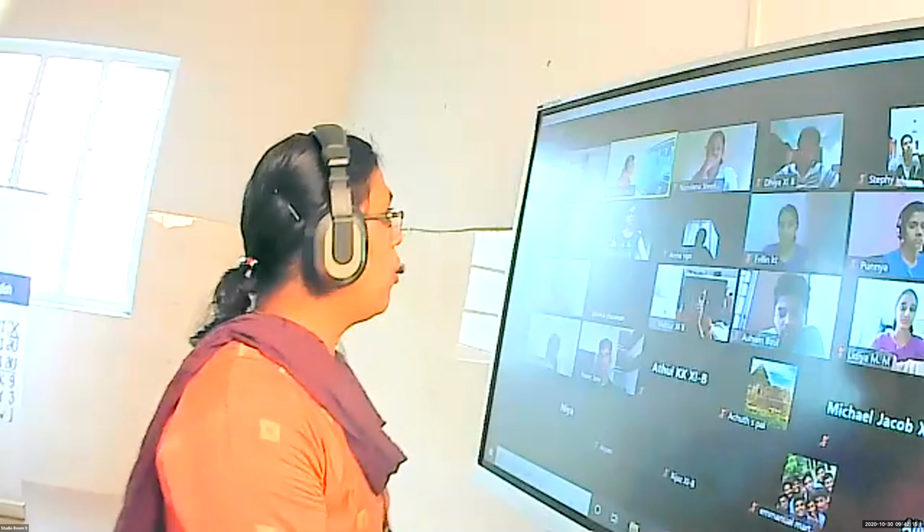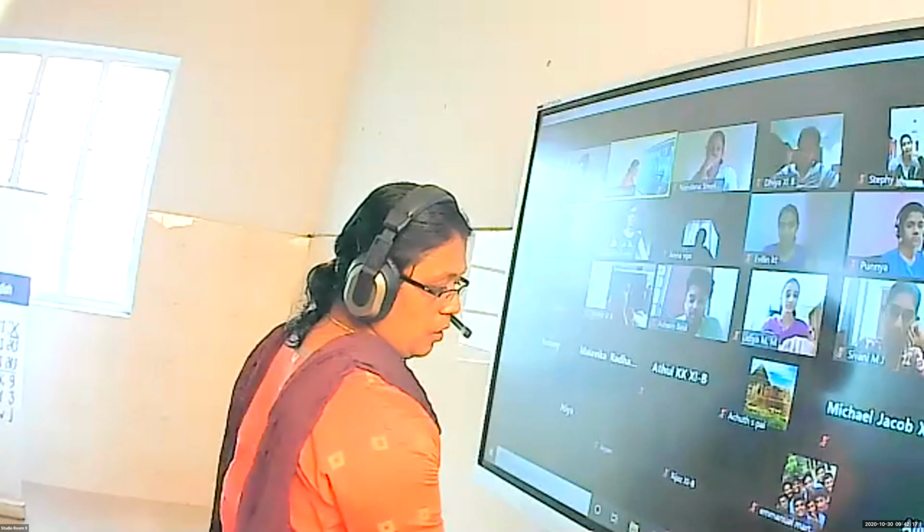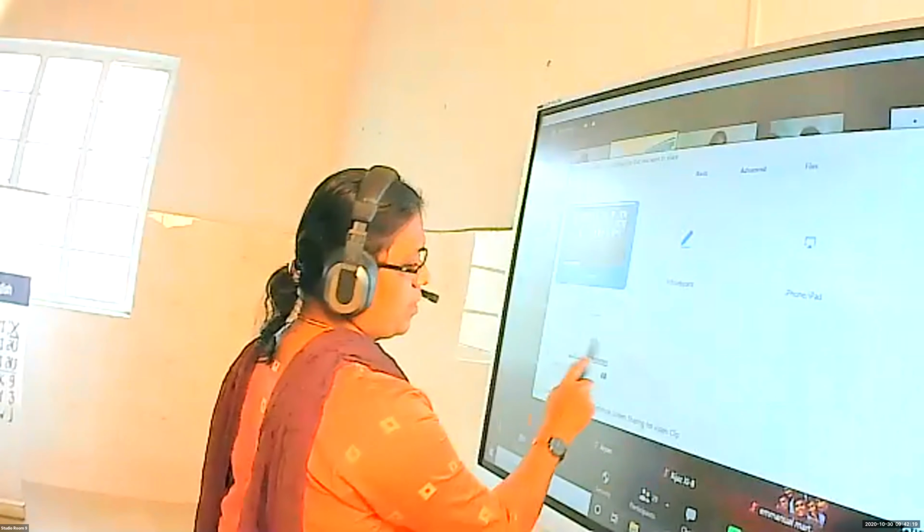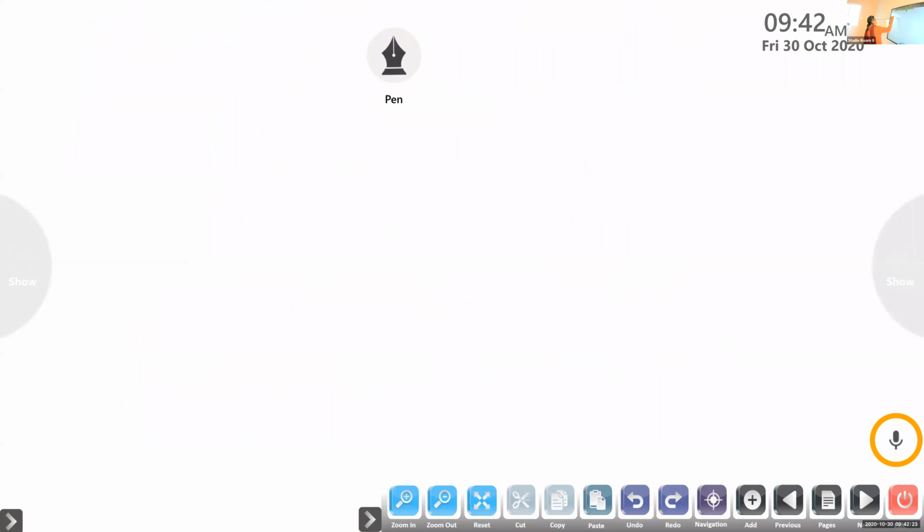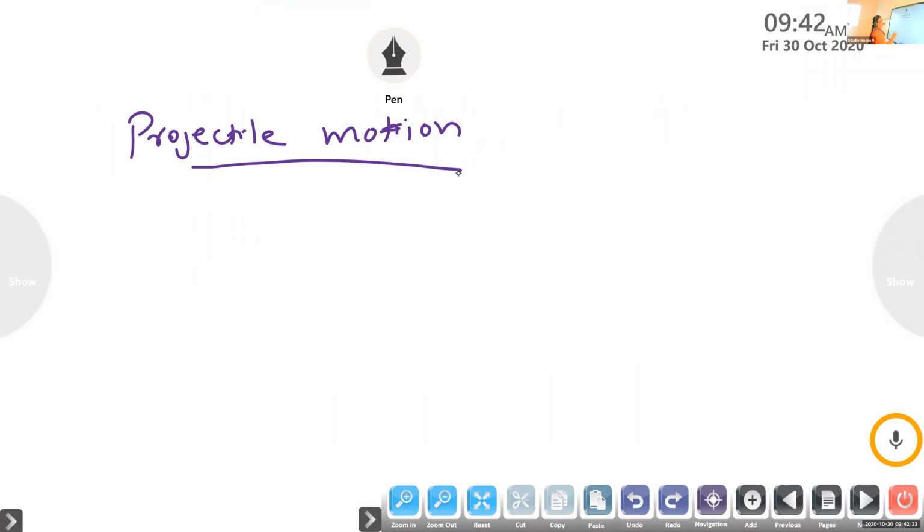Okay. Shall we go to the last topic? So we are moving to the last topic, projectile motion. We have already completed velocity. What is the equation of velocity? What is the equation of acceleration? All that in terms of two-dimensional motion. So projectile motion is just like a cricketer or a bowler.